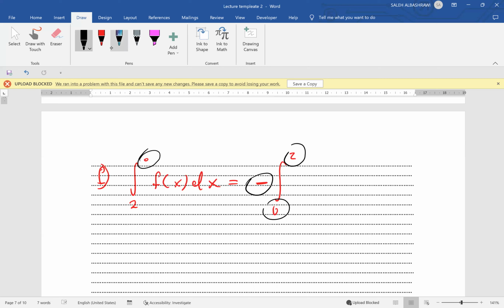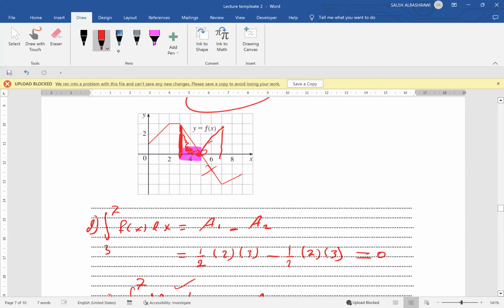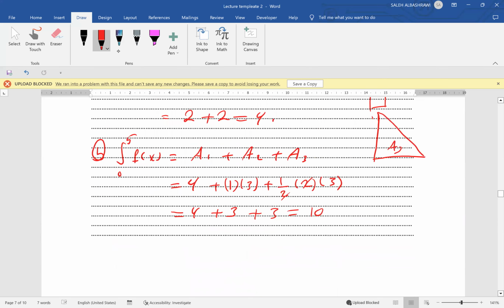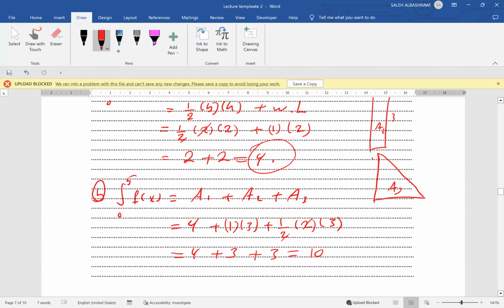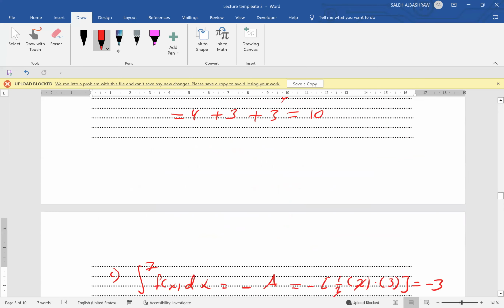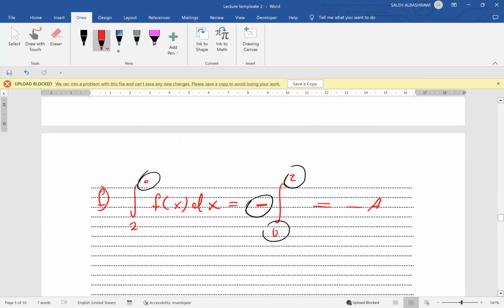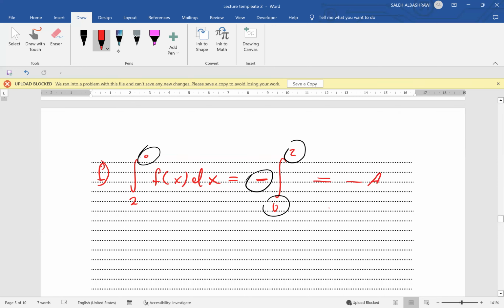So this will give me minus the area of that question. And the area, we found it in part A as 4. So this one will give me minus 4.